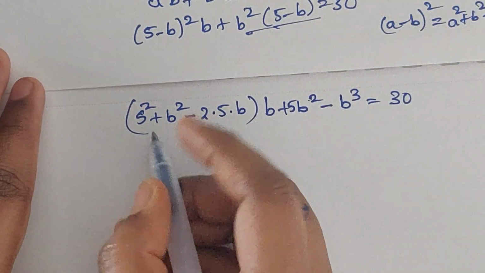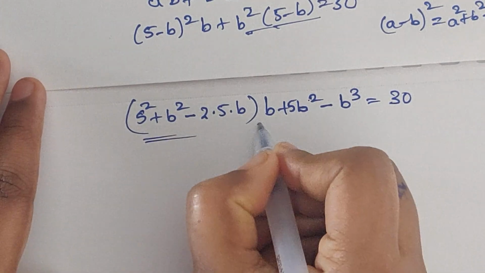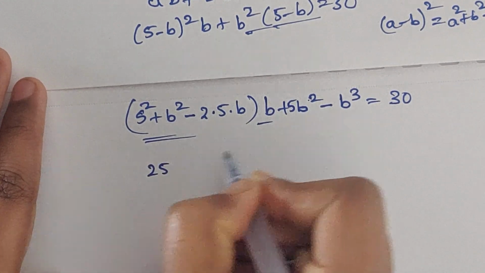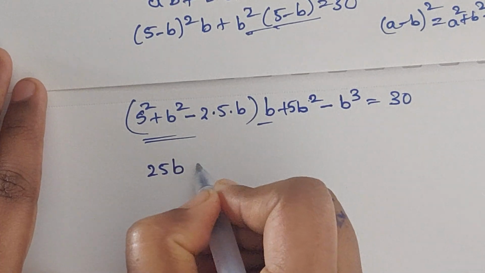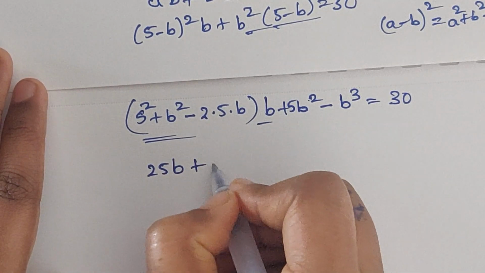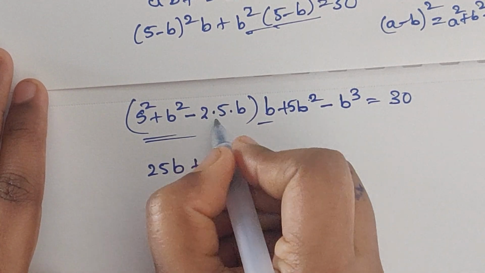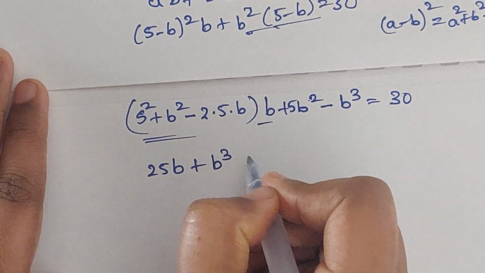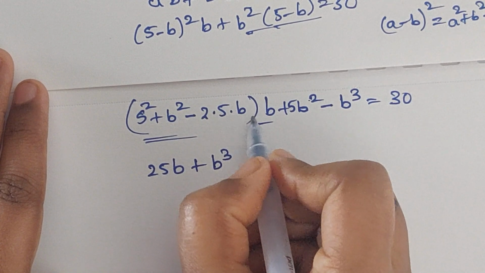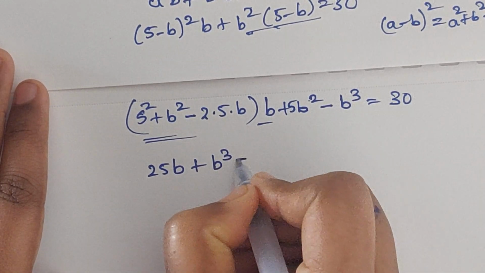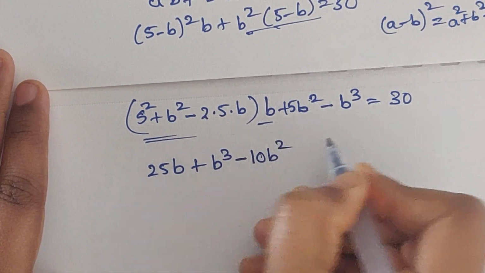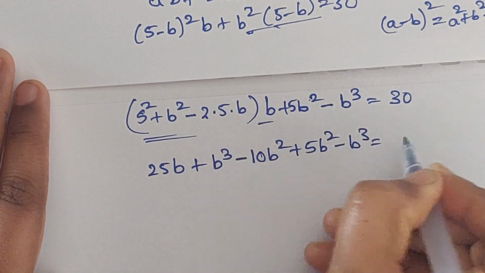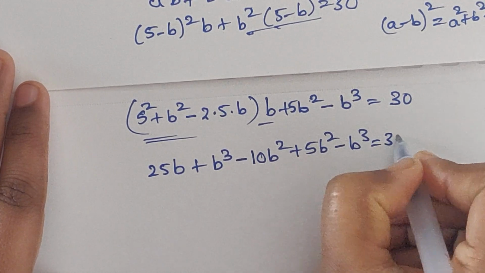So now multiply these two terms, so 5 square, which is equal to 25, so 25 times b, 25b, plus b square times b, which is equal to b cube, so minus 2 times 5, which is equal to 10, so 10b times b minus 10b square, so plus 5b square minus b cube equal 30.